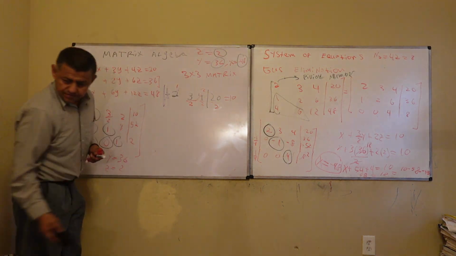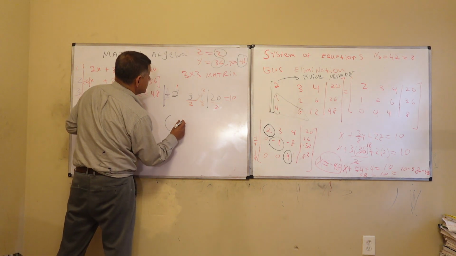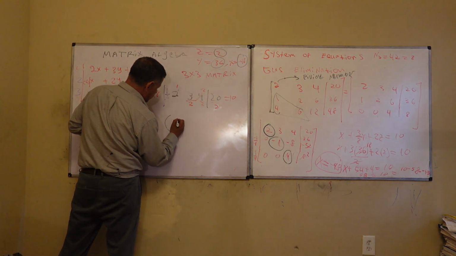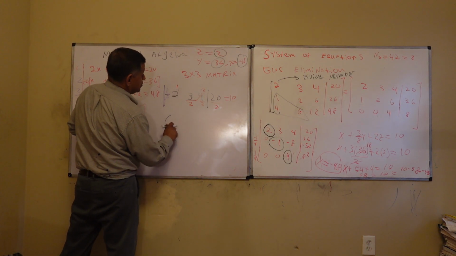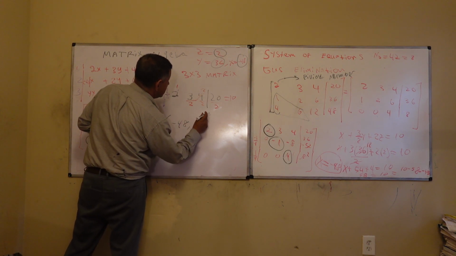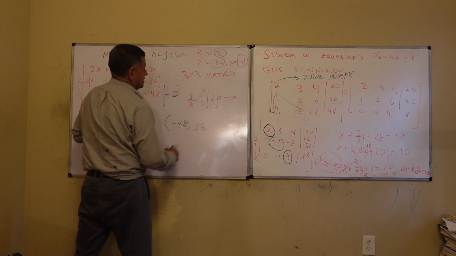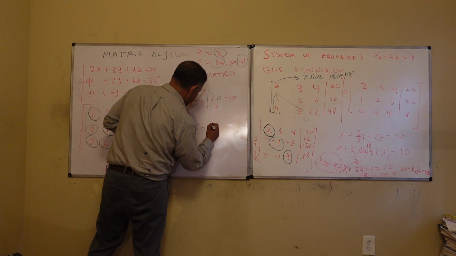Parenthesis like this: x equals negative 48, comma, y is equal to 36, and then z is equal to 2.